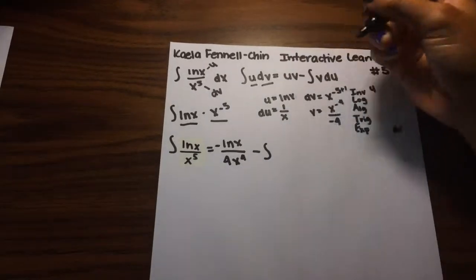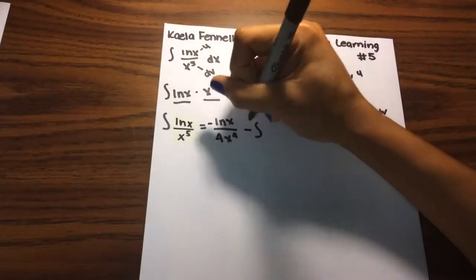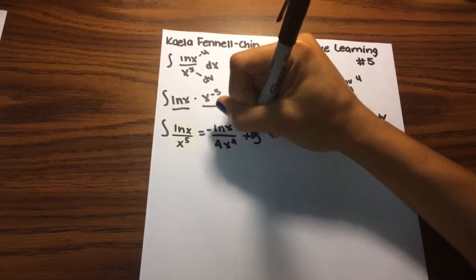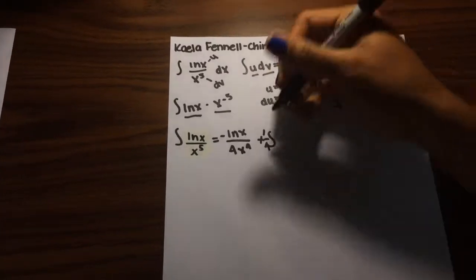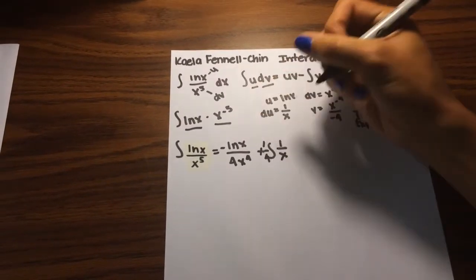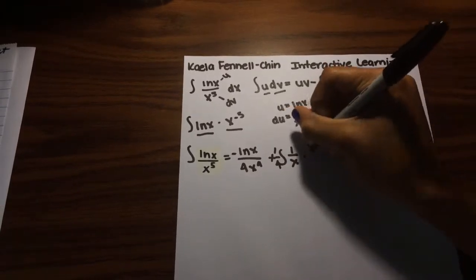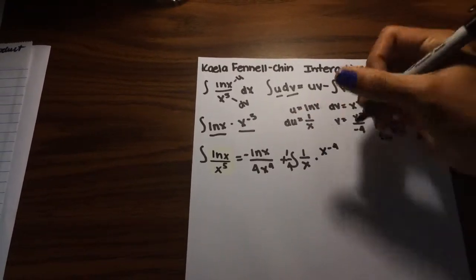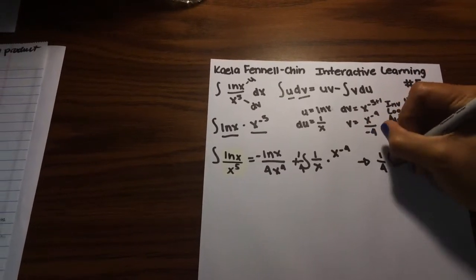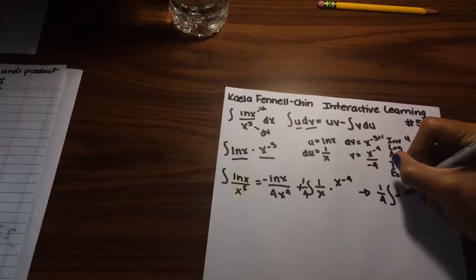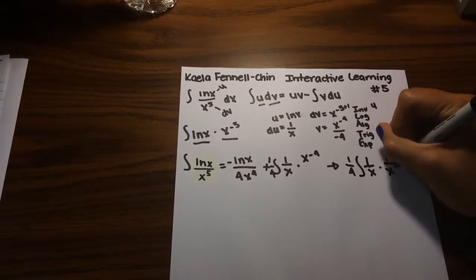So if we simplify it, we can pull out the negative 4 already. So we're going to have plus 1 over 4, and then we're going to be left with, let's just write out 1 over x times x to the negative 4, and this is the same thing as 1/4 the integral of 1 over x multiplied by 1 over x to the 4th.